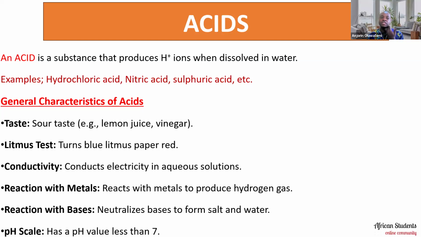In terms of reaction with metals, they react with metals to produce hydrogen gas. And then reaction with bases, which is a very, very common reaction: they neutralize bases to form salt and water. Also, acids have a pH value that is less than 7 on the pH scale. So those are some of the general characteristics of acids.